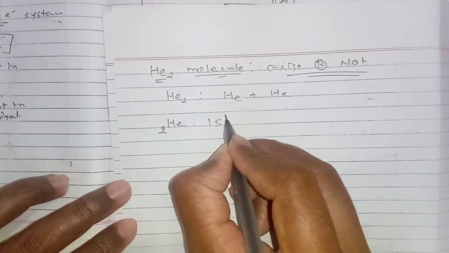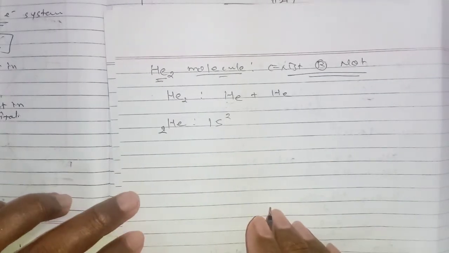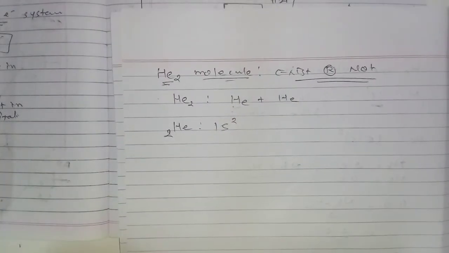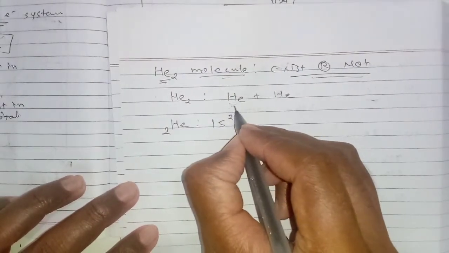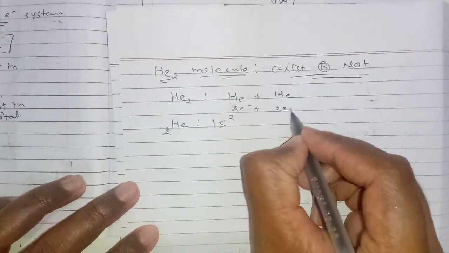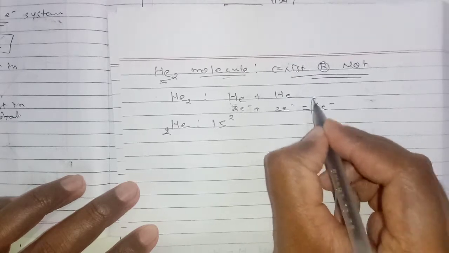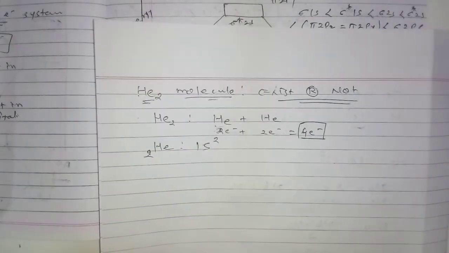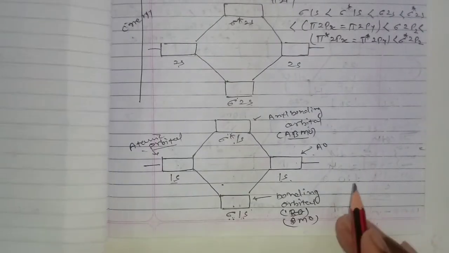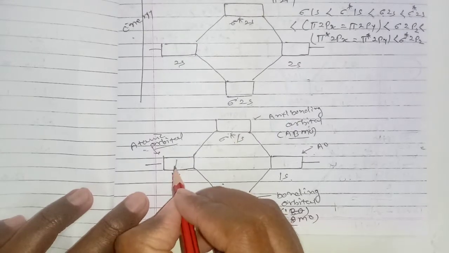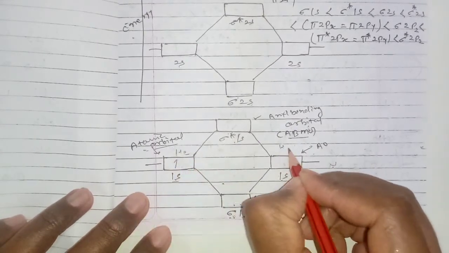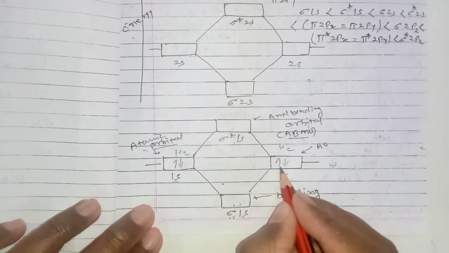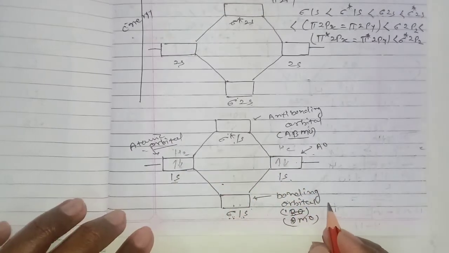Its electronic configuration is 1s2. So here we have 2 plus 2 electrons, that means 4 electrons. For each helium atom, the number of electrons present is 2 in the 1s orbital only.